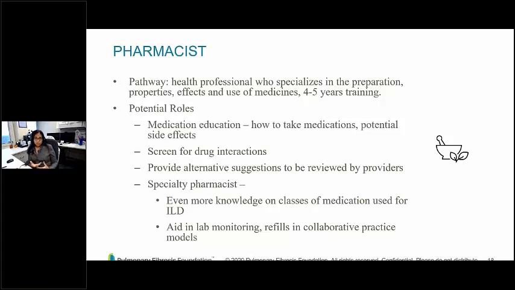And then a specialty pharmacist has even more focused knowledge on classes of medication used for interstitial lung disease, and in some models can help with the lab monitoring and refills if there's a collaborative practice.